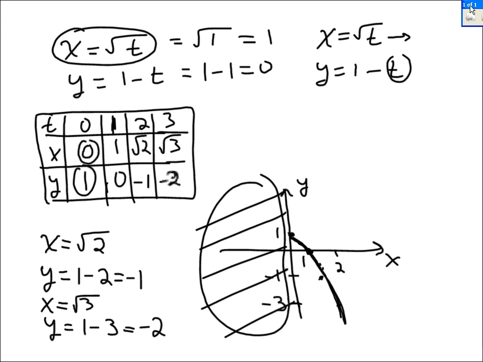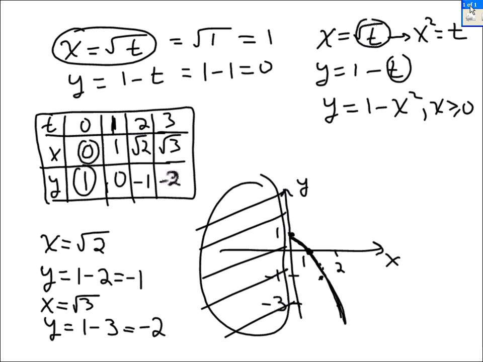If I square both sides, I get t. T is x squared. So y is 1 minus x squared, except x has to be greater than or equal to 0, because t cannot be negative.